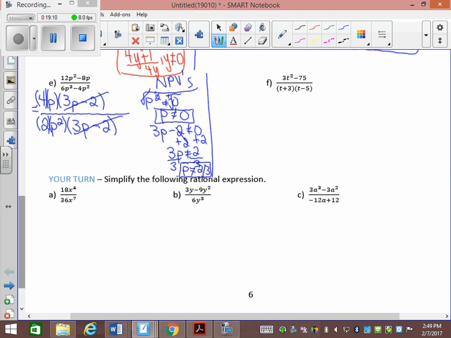What can I take out of the 4 and the 2? 2. So 2 divided by 2 is 1. 4 divided by 2 is 2. And then the p and the p squared, what can I take out? A p. So p out of p cancels. A p out of the p squared cancels off the squared. So on the top, I'm left with 2 times 1 times 1 times 1. Anytime these cancel, these are actually little ones. So I have a 2 in the numerator.